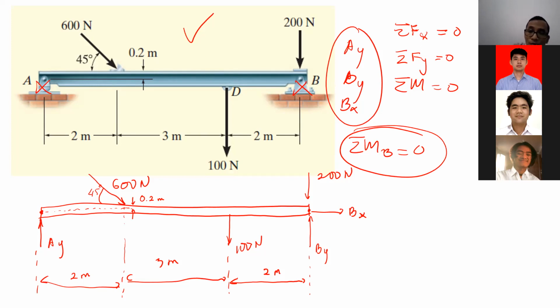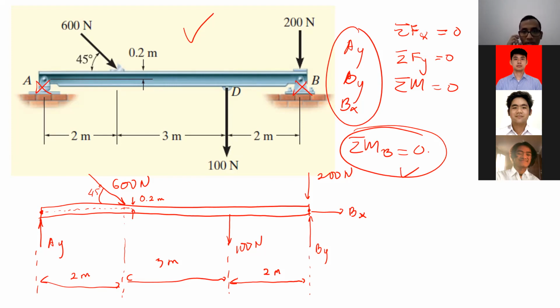So I want you to calculate Ay using this particular equation. Can you do that? Oh yeah, I can do that. How? We set Ay as a variable and the other as numbers.